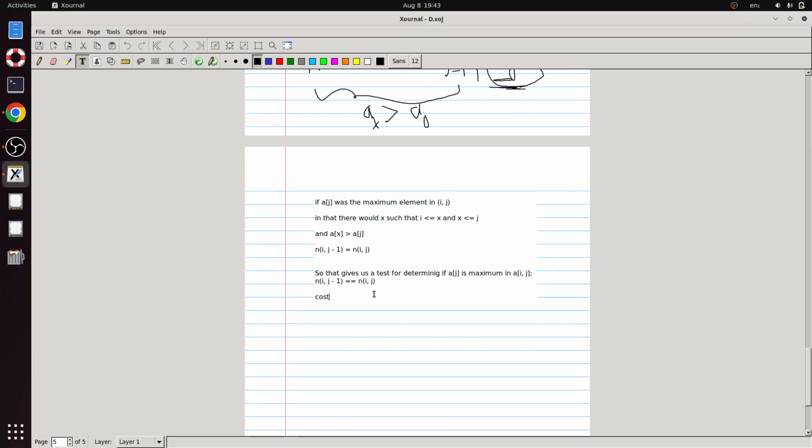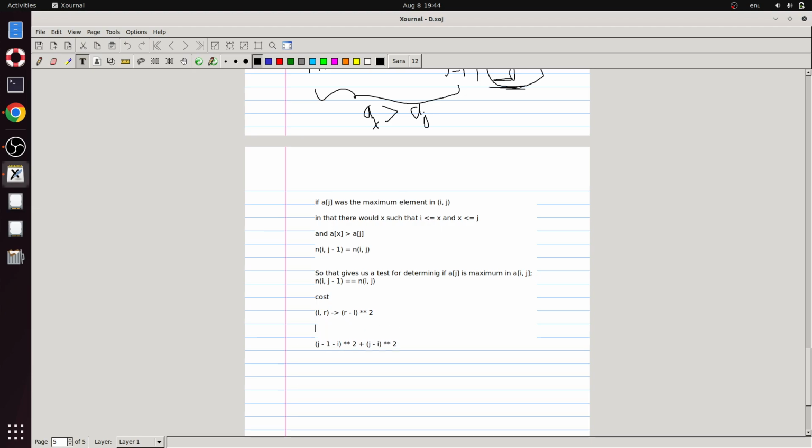Well, first, the cost of an L till R operation is R minus L squared. So what will be the total cost of this operation? It will be j minus 1 minus I squared plus j minus I squared.